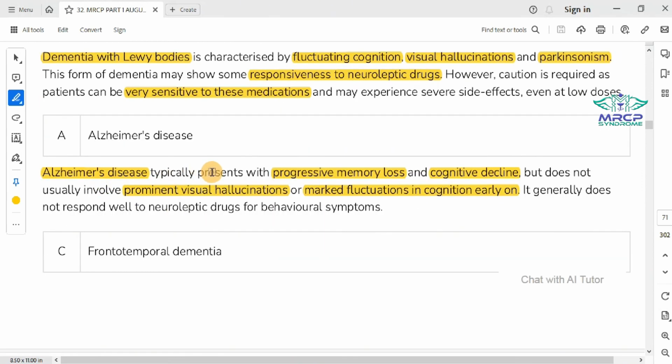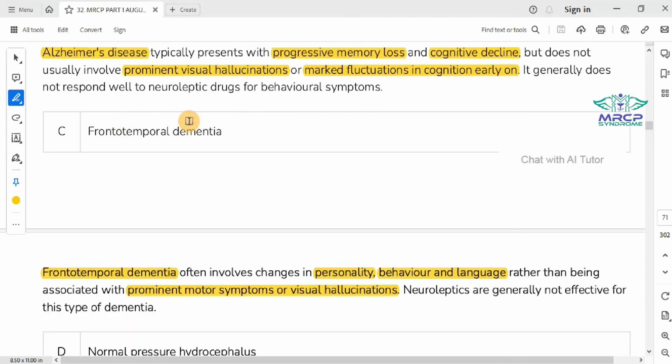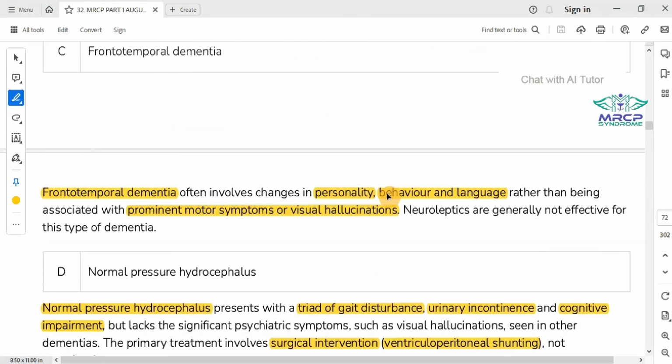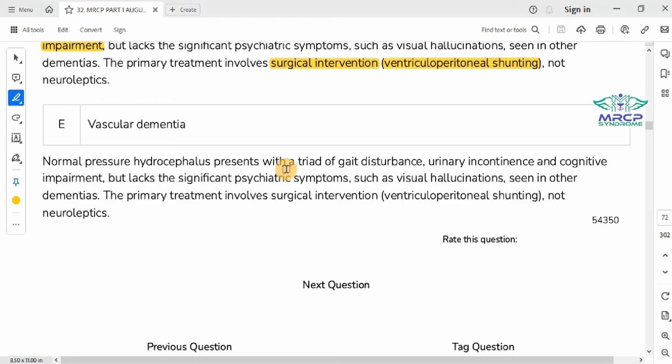Alzheimer's disease typically presents with progressive memory loss and cognitive decline, but does not usually involve prominent visual hallucination or marked fluctuation in cognition early on. And FTD will have personality, behavior, and language changes. And NPH will have the triad of DUG.